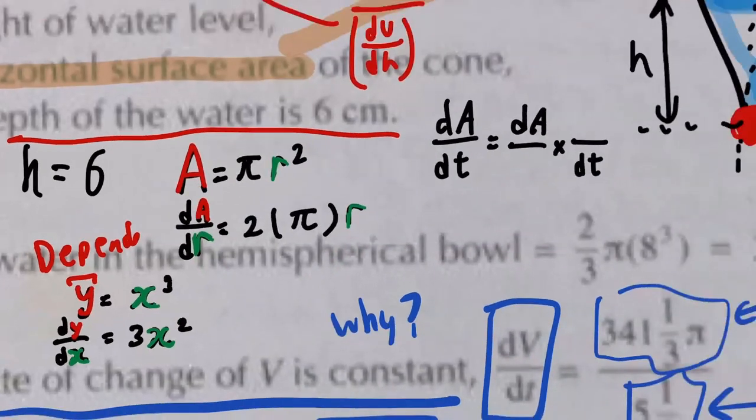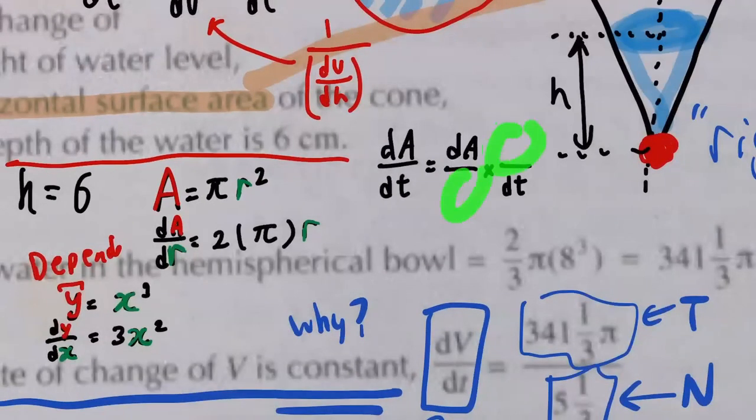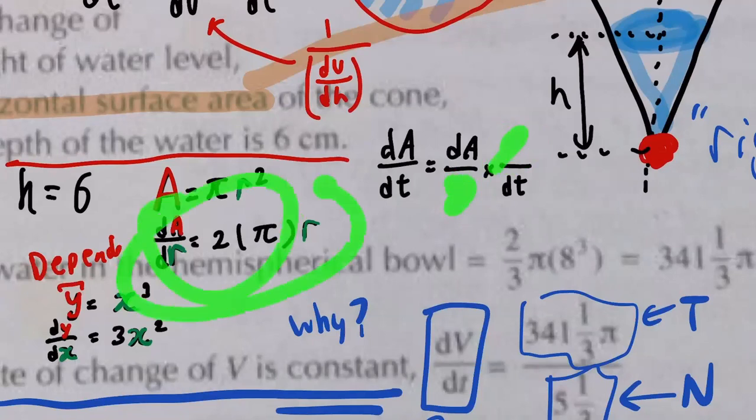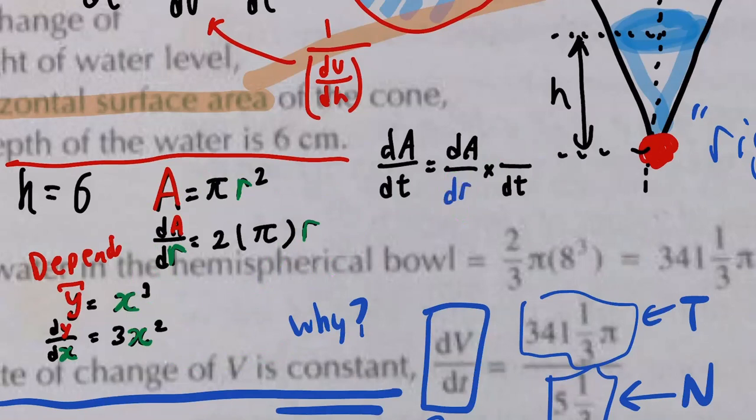Okay, very good. Then how? What do you want to pick here and there? dA over dr times dr over dt. Exactly, because you already have dA by dr, you can just substitute in over here.